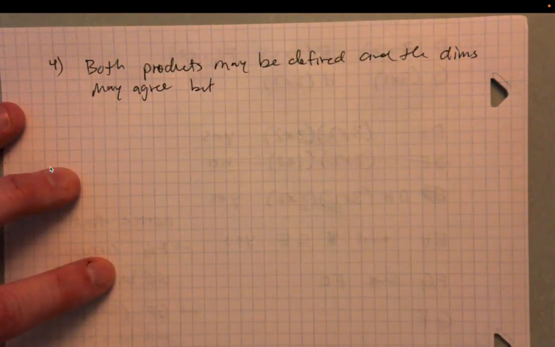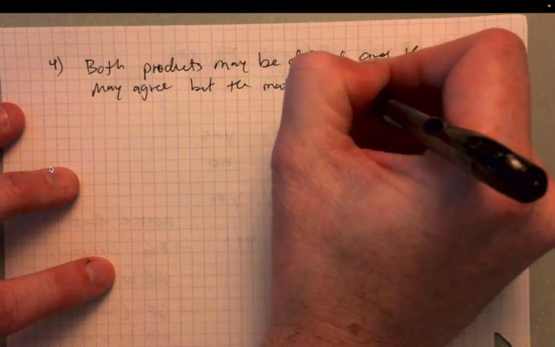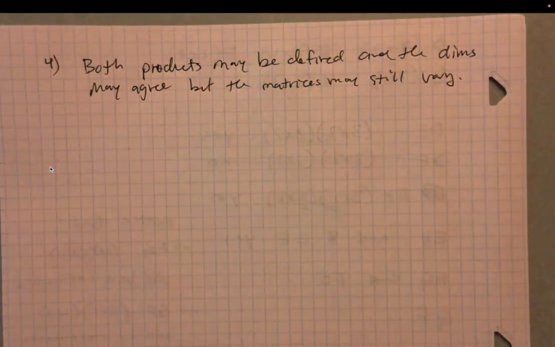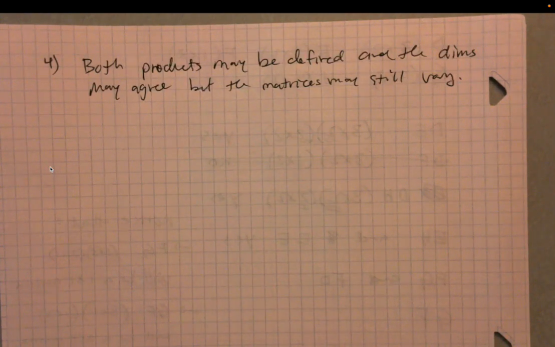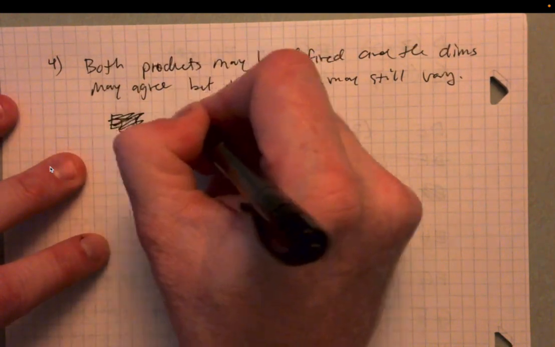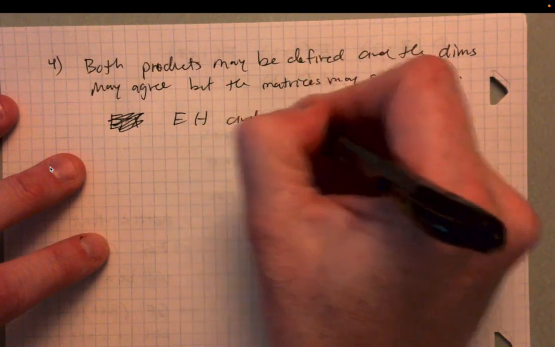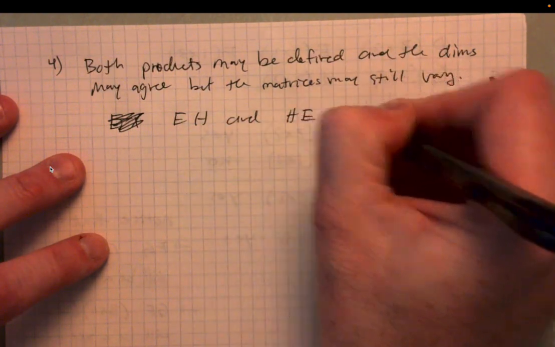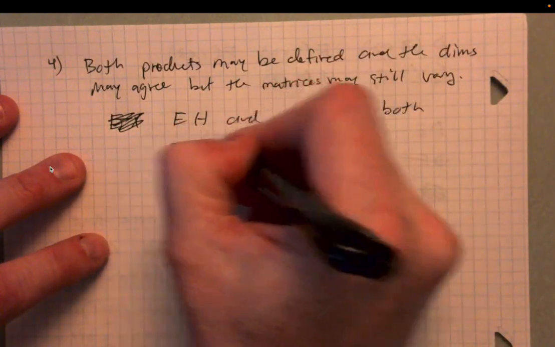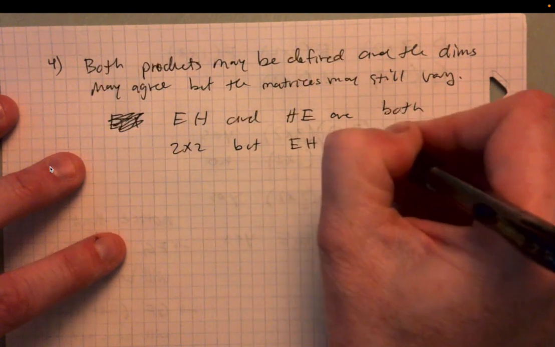Okay, and so an example there is EH and HE. EH and HE are both 2 by 2, but they do not agree. EH is not equal to HE.